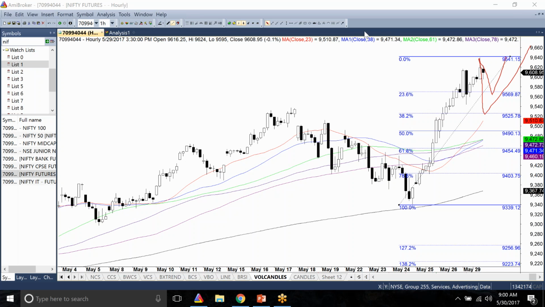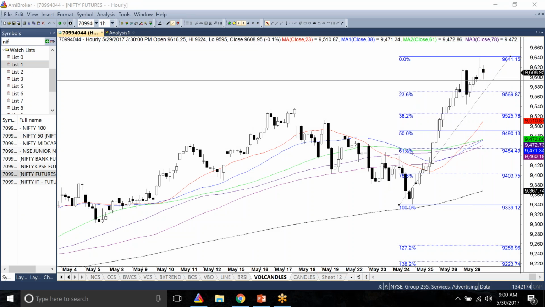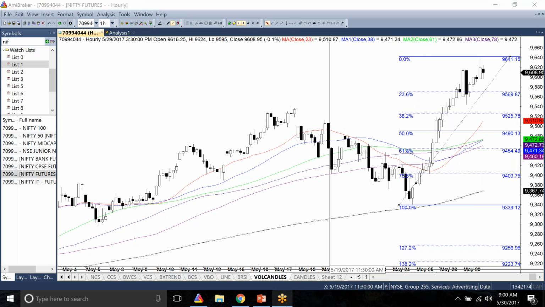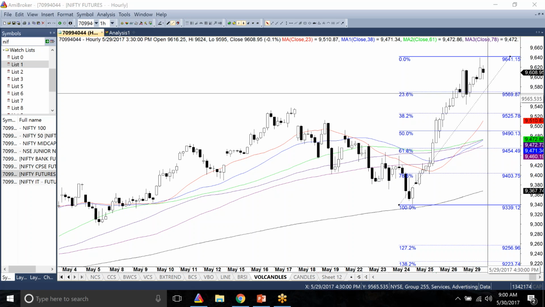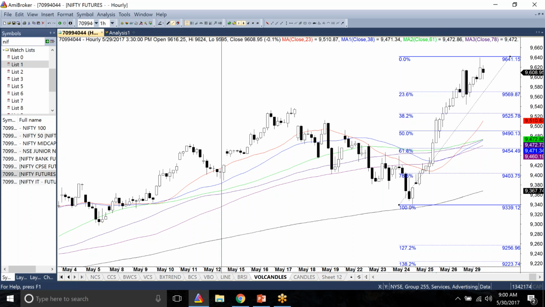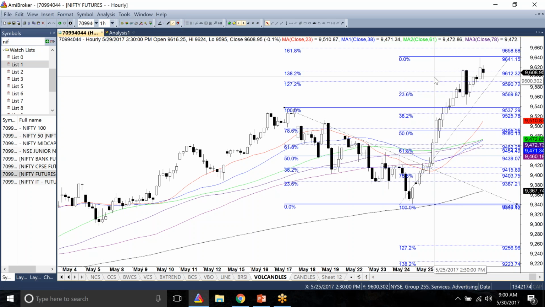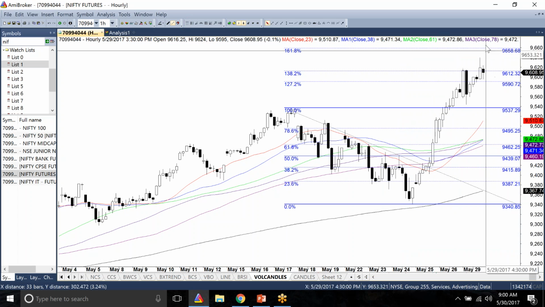Once we get these levels, we will mark some projections and extensions again and see whether Nifty moves up or not, and if yes, in which ratio and up till when. So if we take this projection target as of now, we will see that we are almost near a resistance at Nifty. This is the latest chart.